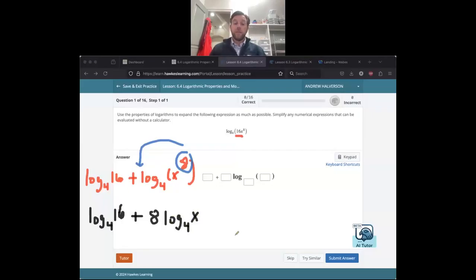Home stretch time. Now you look at your logs. You broke everything apart and you got rid of all your exponents. Now you look to see, can I simplify any of the logs? And do you all see which one can simplify? Here's how you can tell. Look at the base and look at the number. Are they powers of each other?